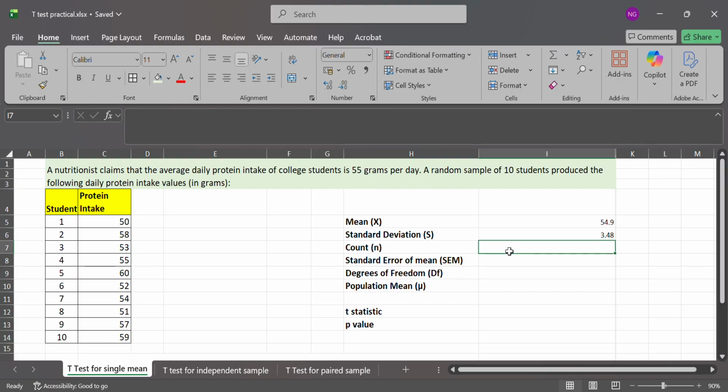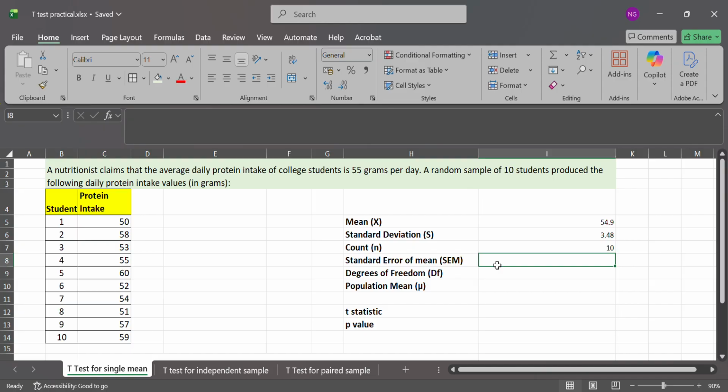Now count, you can see here the count is 10 since the sample size is small, but in case you have a bigger sample and you want to count, you can apply the formula of COUNT and just select this, so it will be equal count, bracket open, put the cell values, and so it is 10.